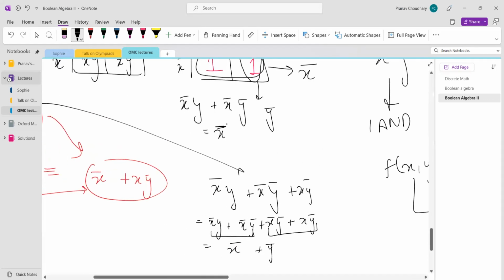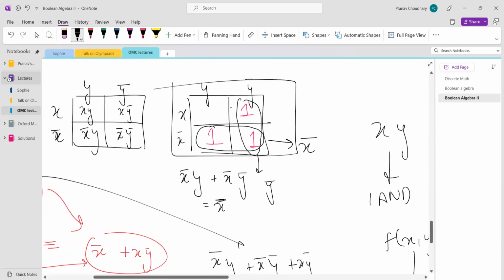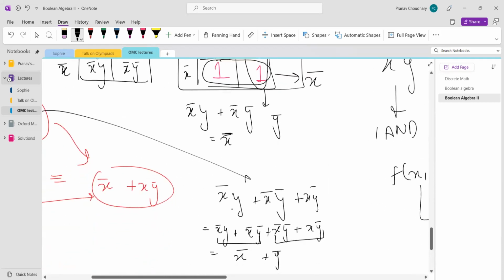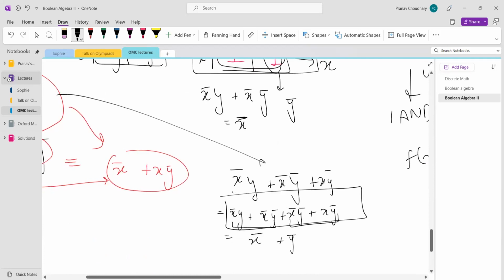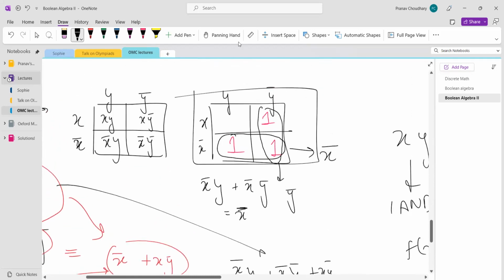But the function is still the same. And this is exactly what we got from minimization using the K-map. We do not have to think of this clever step. The K-map already does that for you.